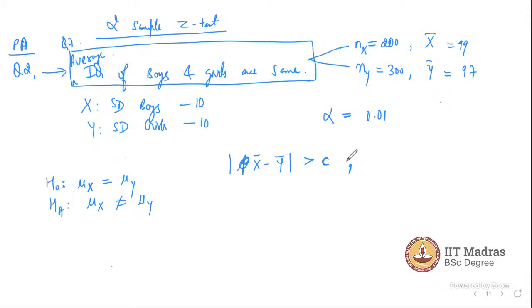Mu x, yes. The sample has been just taken to check. Got it. So does anybody have a doubt in this? No, ma'am, everything is clear on how to do a 2 sample Z test. Okay, then we can skip this part.